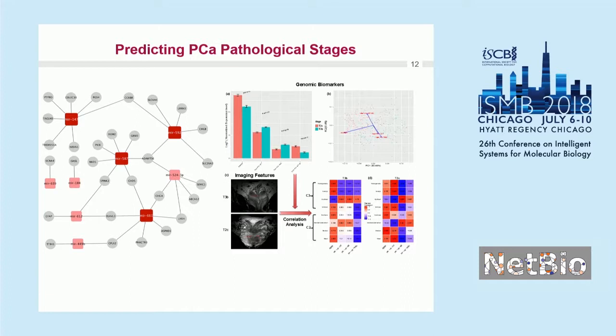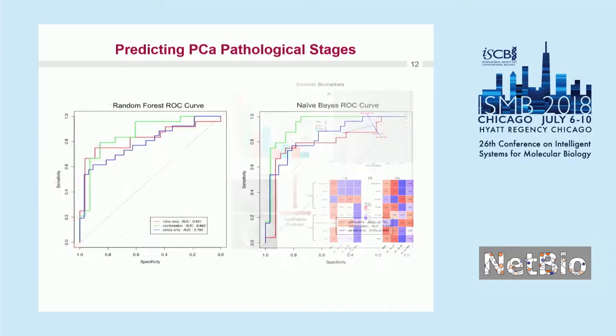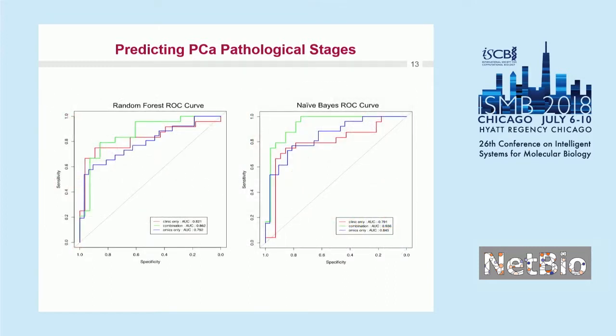And also the biomarker expression levels. Finally, here is the prediction using 2 different machine learning algorithms. As you see here, the combination of the clinical data and genomic biomarkers performed better compared with the clinical data alone.